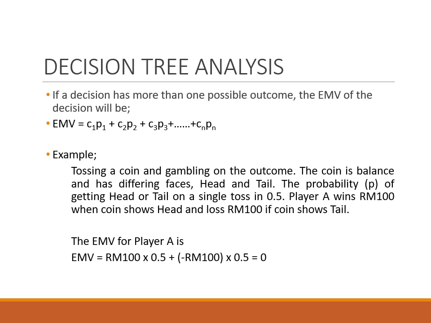Let's say that player A wins 100 ringgit when the coin shows head, and he will lose 100 ringgit if the coin shows tail. So therefore, the EMV for player A is 100 ringgit of winning times 50% chance plus negative 100 ringgit due to losing times 50% chance, and therefore you get 0.